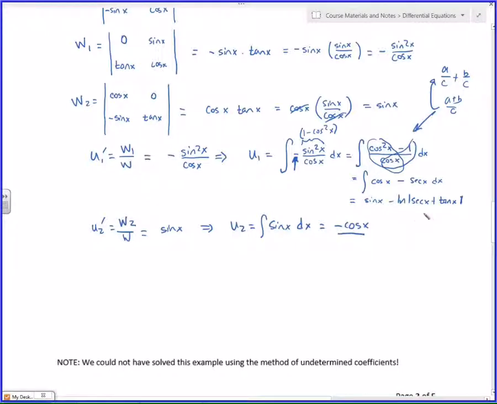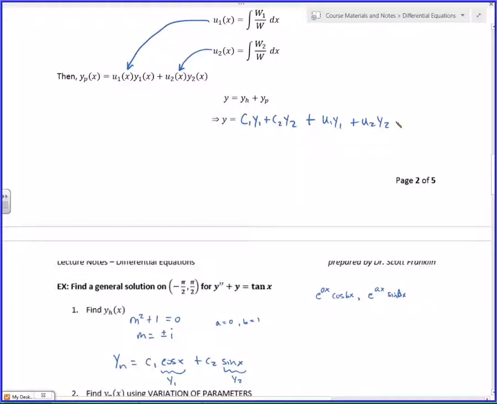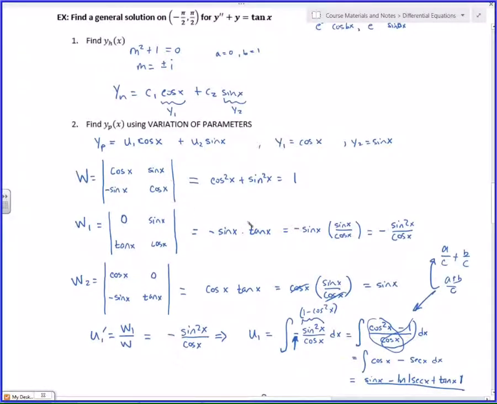But now I've got a u1 and a u2. So my yp is u1 times y1. So that's negative natural log of the absolute value of secant of x plus tangent of x, times y1. Going back to this right here to write my yp, my y1 was cosine x.